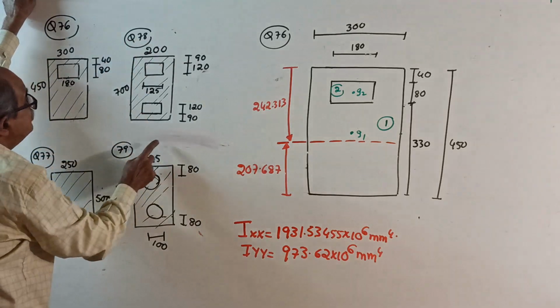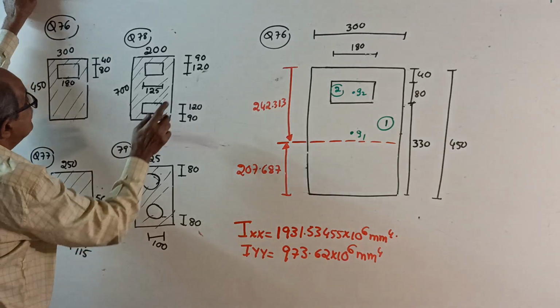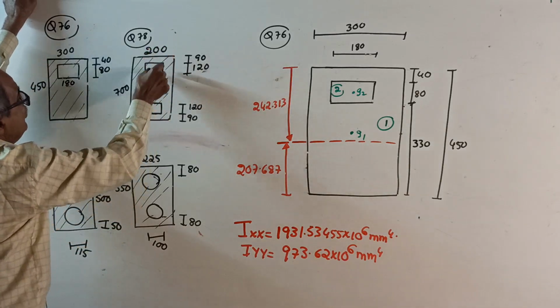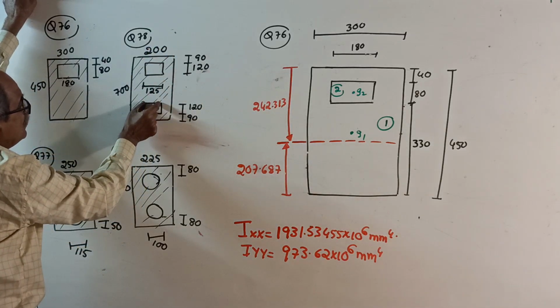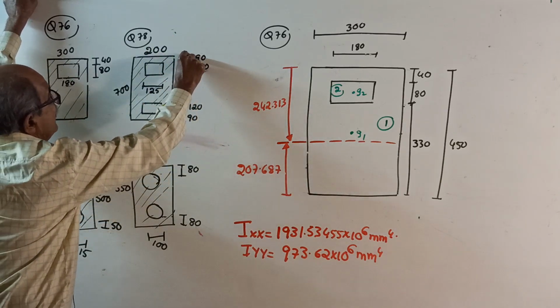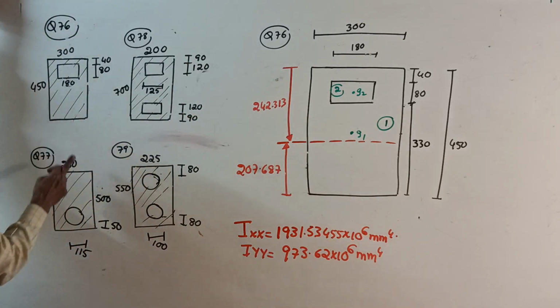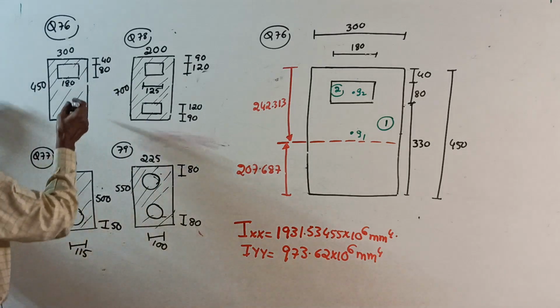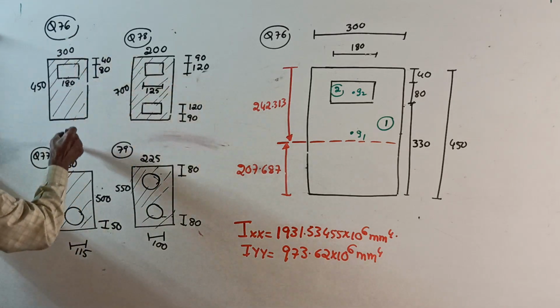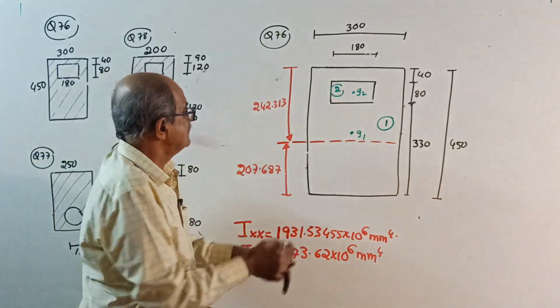78 and 79, observe, 200 by 700, 225 by 550. Rectangle, see, this is 125, this also 125. 120, this also 120. 90, 90. Therefore, see, this question and this question are symmetrical about YY, XX you have to locate. I located XX here.